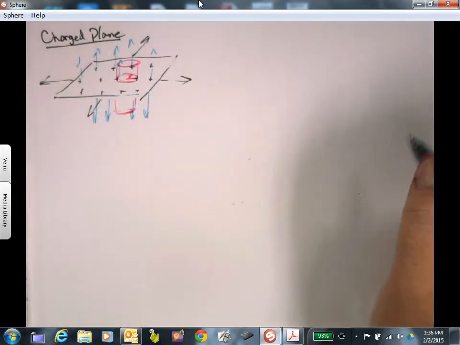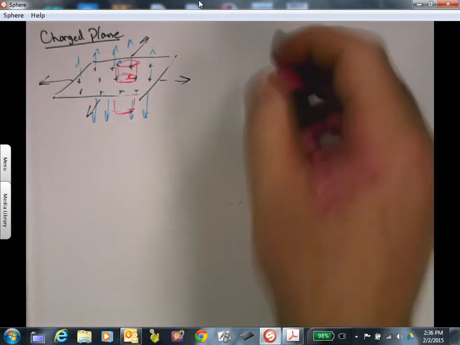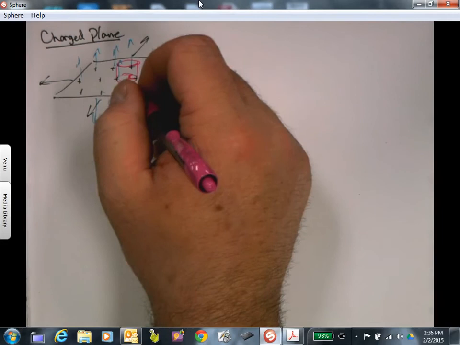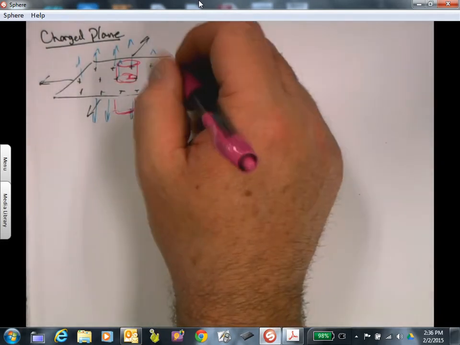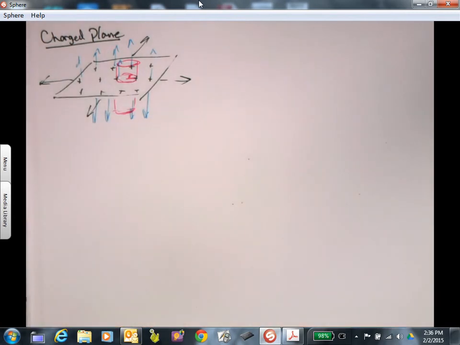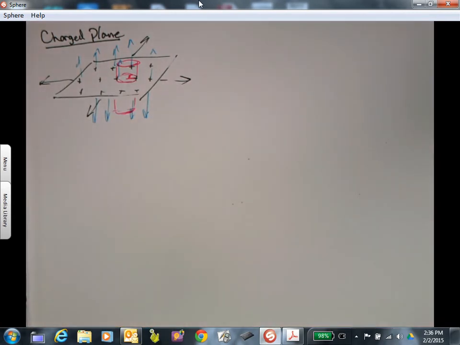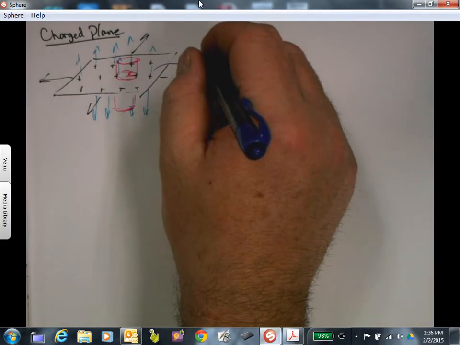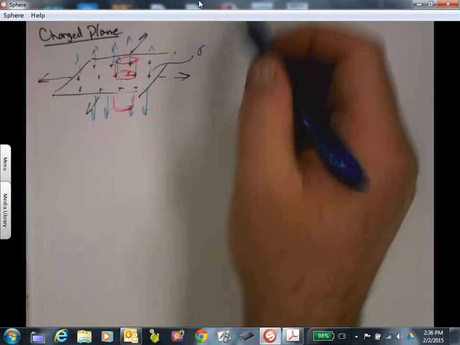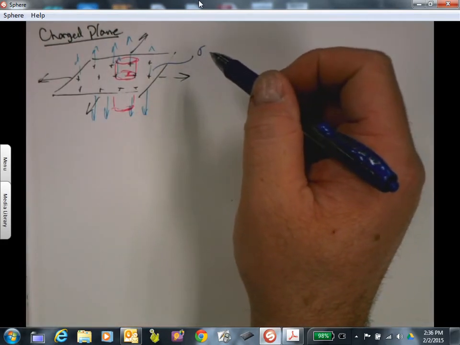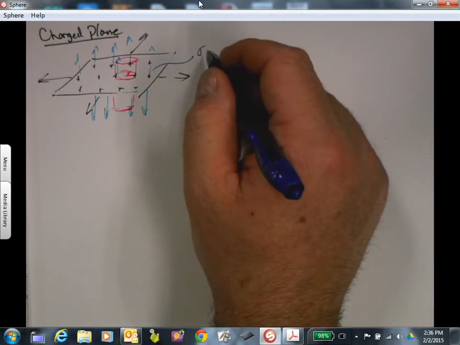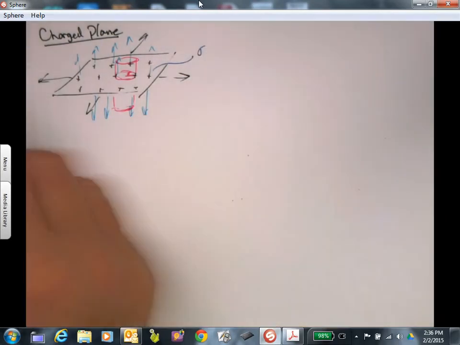It's going to have a radius r, and the charge density inside here is going to be represented by a sigma. You remember area sigma, for unit area.